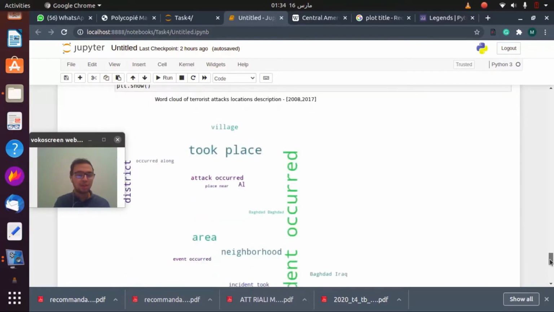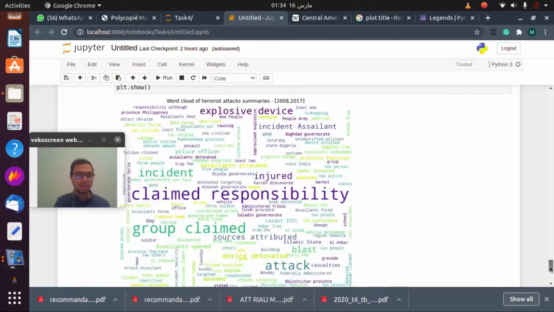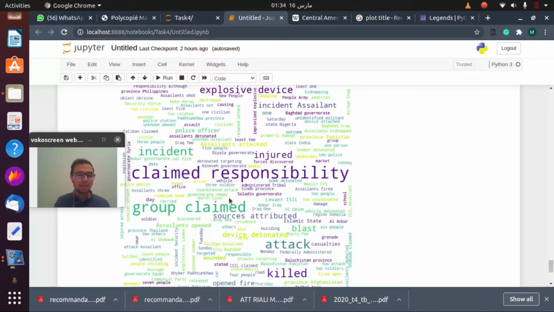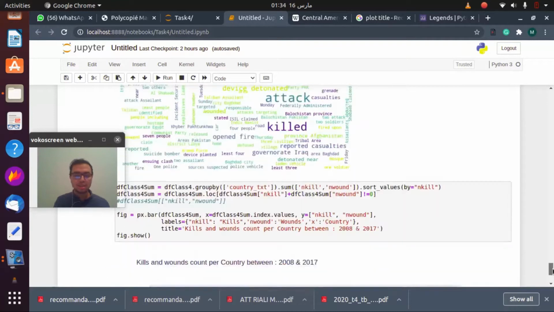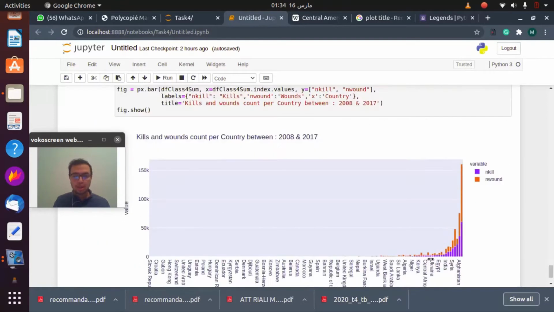And here we have the word cloud that is nearly the same as the third one: claim, responsibility, injured, explosive device, people, army, incident, claimant, day, assailant, building, attack, killed, etc. And here we have the same pattern: Iraq, Afghanistan, Syria, etc.